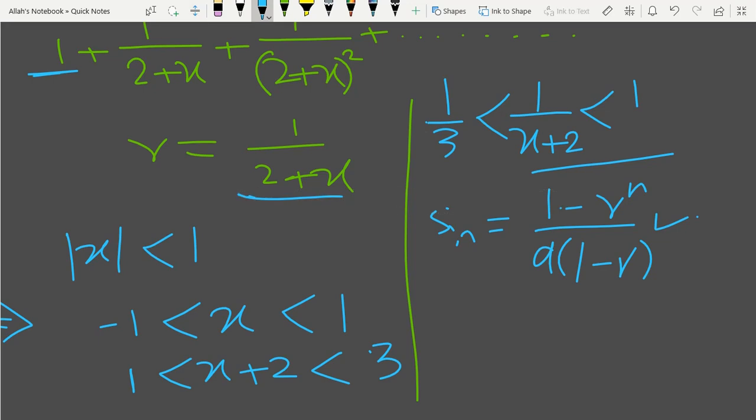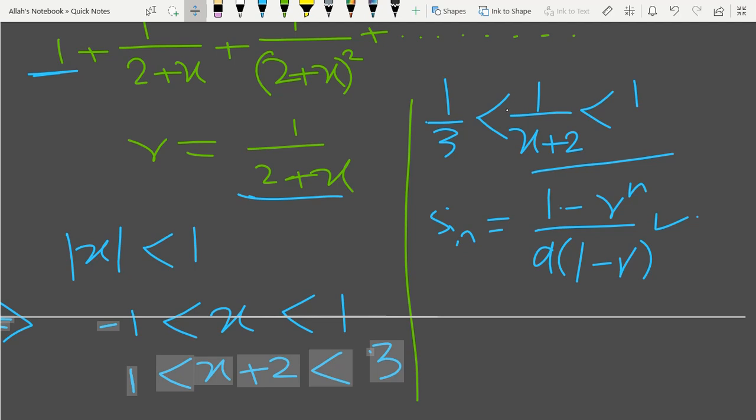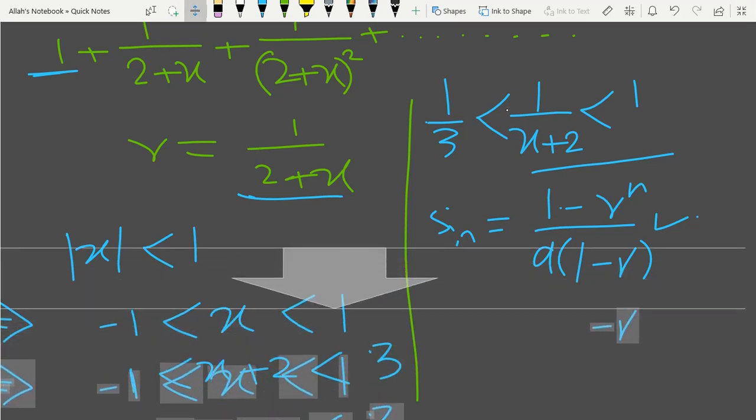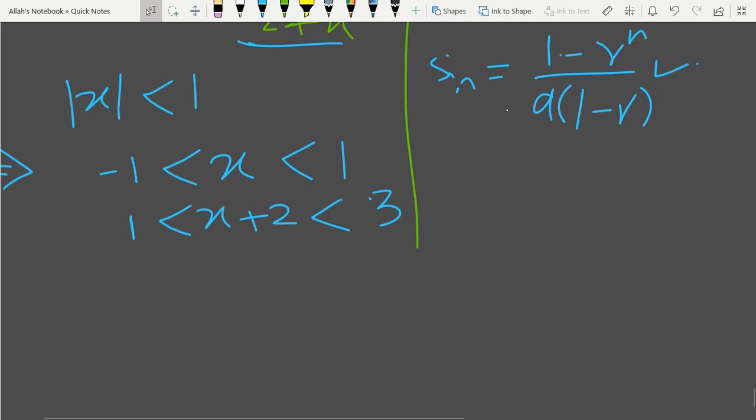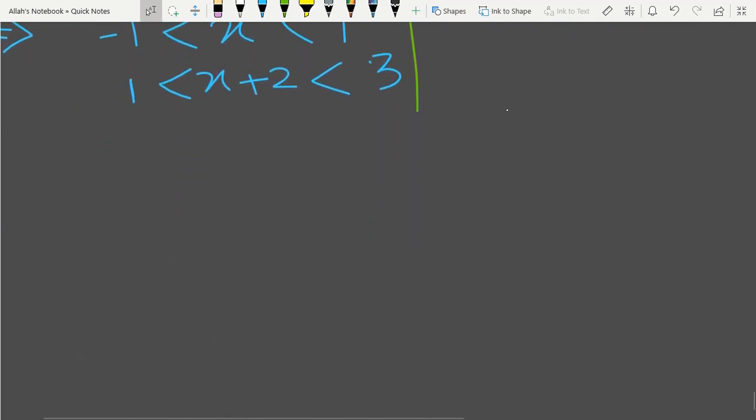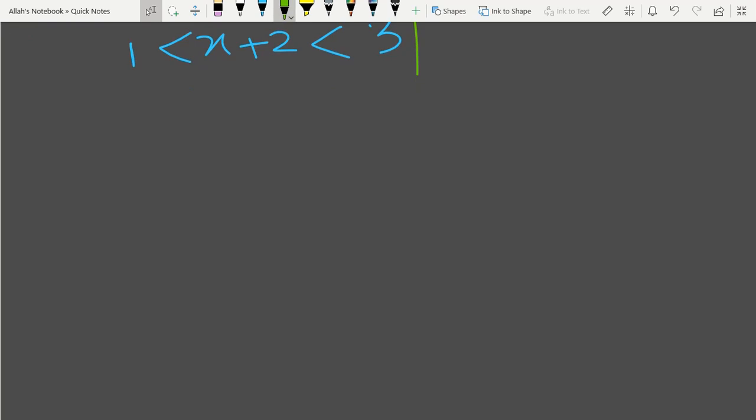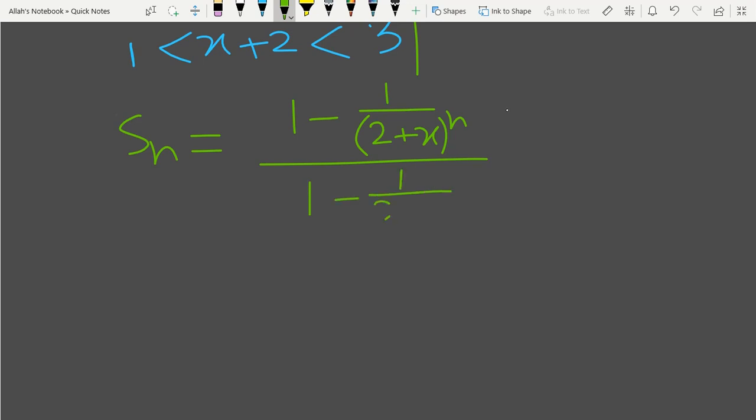Okay, if I apply the formula, the common ratio is 1 over 2 plus x. After applying the formula, Sn is equal to 1 minus 1 over 2 plus x raised to the power n, divided by 1 minus r, which is 1 minus 1 over 2 plus x.